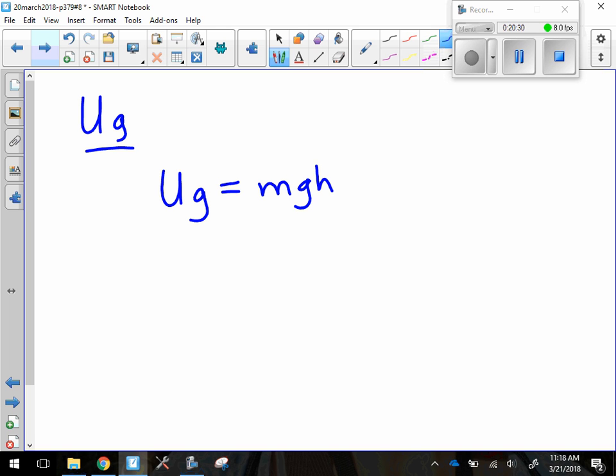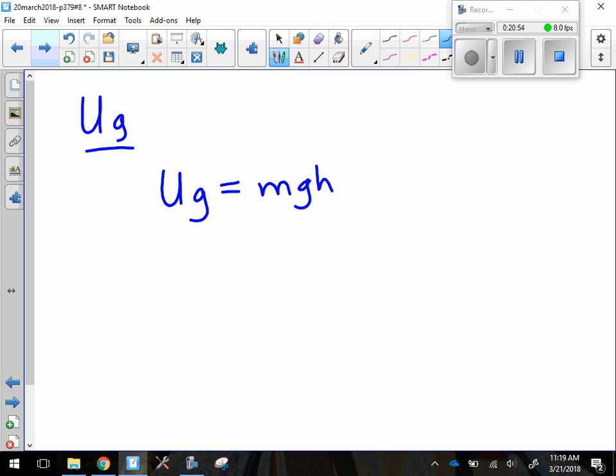We actually derived this formula using a relationship, and we did the same thing for the spring force. Okay, so change in potential energy was equal to negative work.